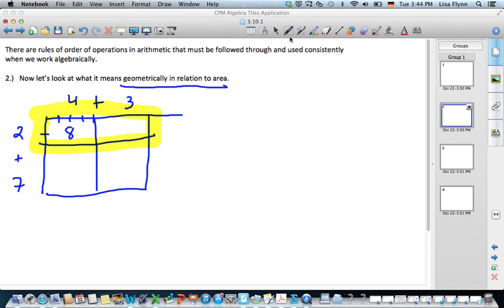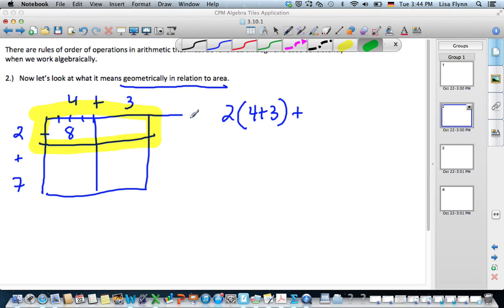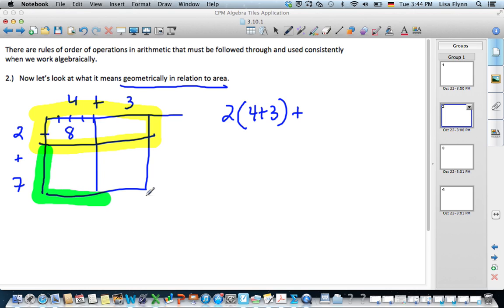So we can write it using algebra as 2 times the quantity of 4 plus 3. All right, so that means that we have a length here of 2 and a width here of 4 plus 3. All right, so let's look at the other rectangle. You should have that 7, and then you're going to distribute that 7.